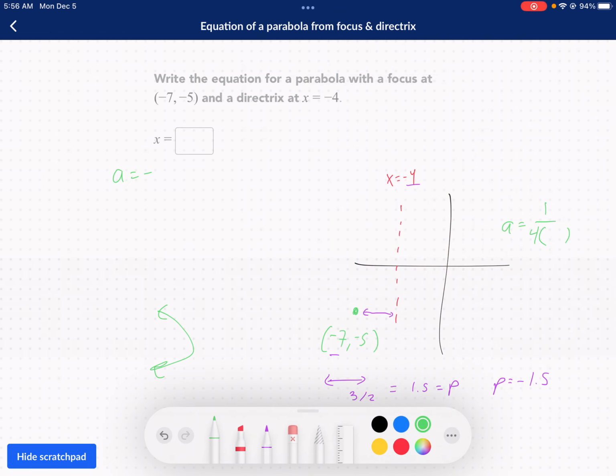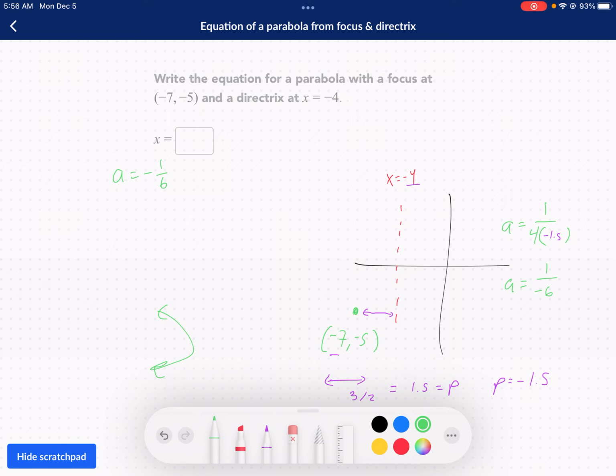Negative 1.5. Okay, so I just need to solve for a. 4 times negative 1.5 is going to give me negative 6, so 1 over negative 6. So negative 1 over 6 is going to be my a.